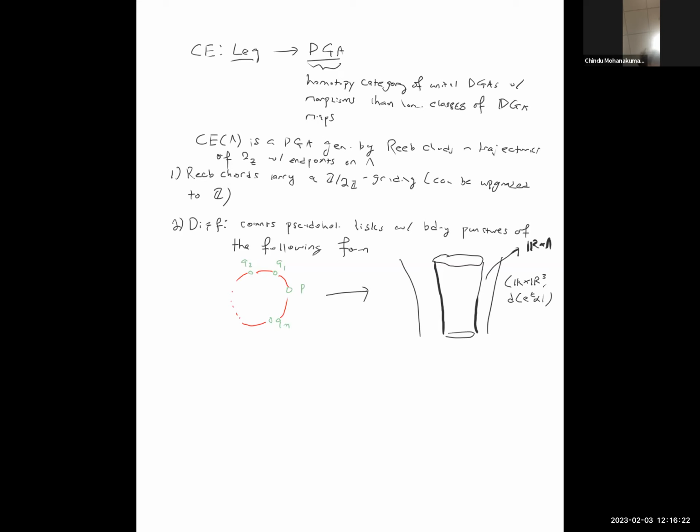And it counts pseudo-holomorphic disks consisting of a at the top, and then b1 through bm at the bottom. You can follow the color coding there.